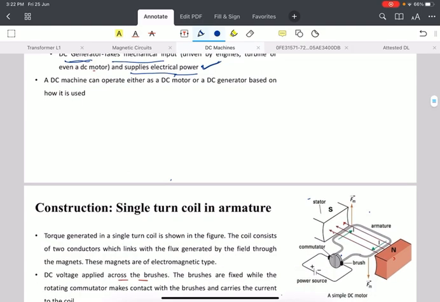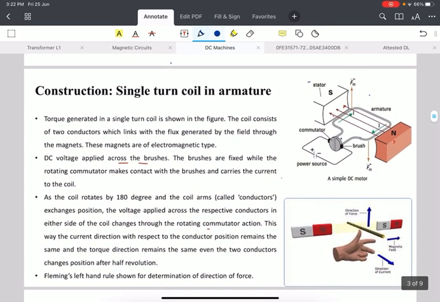So what is the operating principle of a DC machine? We know that when a current carrying conductor is placed in a magnetic field, it will experience a force.